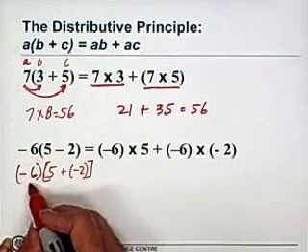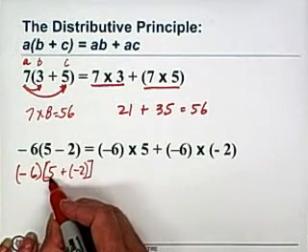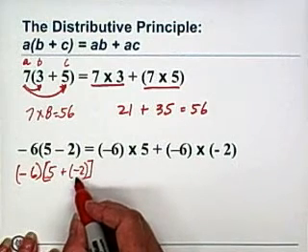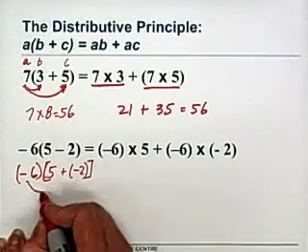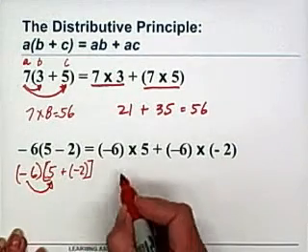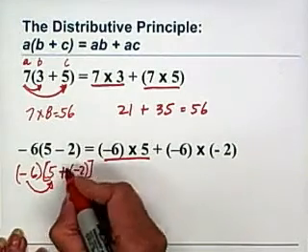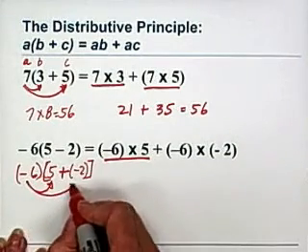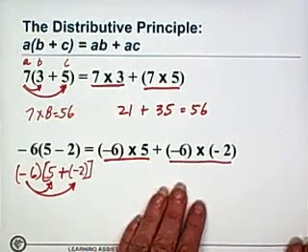So now we have our A here, minus 6, our 5 is our B, and our minus 2 is our C. And so we follow the same rules again. We have minus 6 times 5, which gives us this, plus minus 6 times minus 2. And that's how you work through it with a negative.